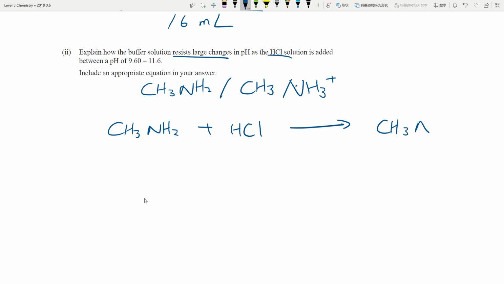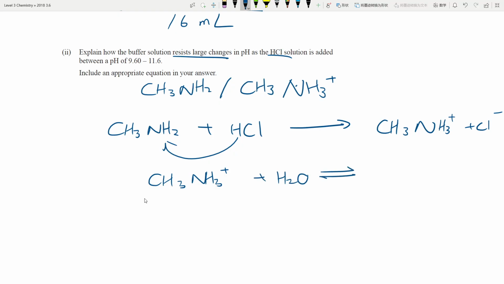The HCl is the acid, it donates the H, so you get CH3NH3+ Cl-. Now, the CH3NH3+ that has been produced can go back and partially dissociate, and you're going to make some H3O+ molecules. I mentioned this before in my other video.